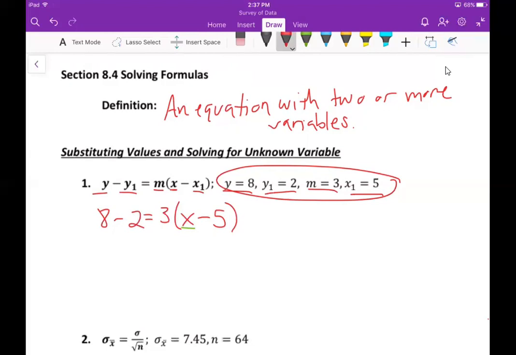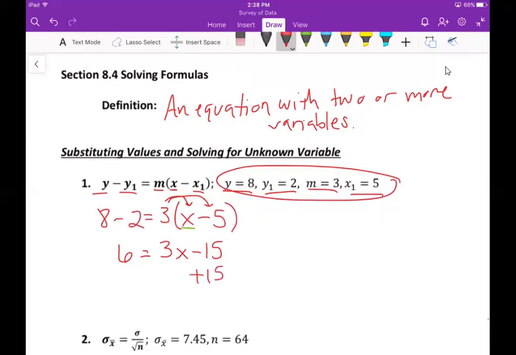So I simplify on each side first. 8 minus 2 is 6. On the right-hand side, I have some parentheses I need to simplify. To do that, I multiply the 3 through to get 3x minus 15. This is where I'm going to pick up the pace a little bit because we've seen equations like this before.